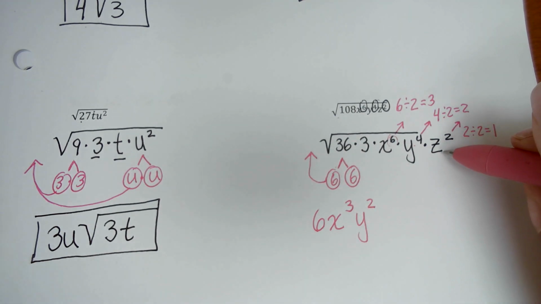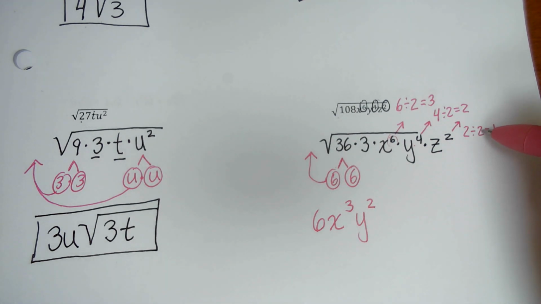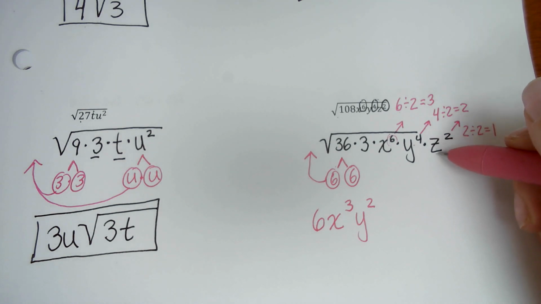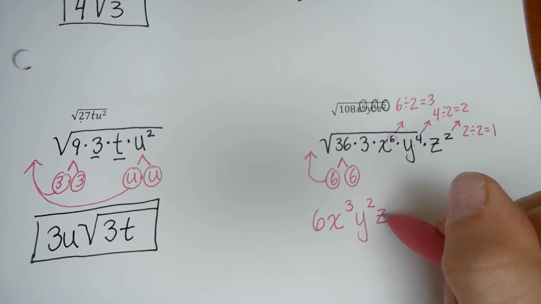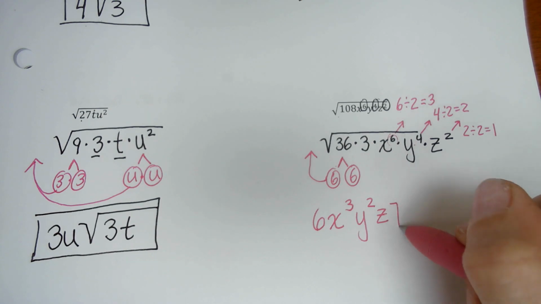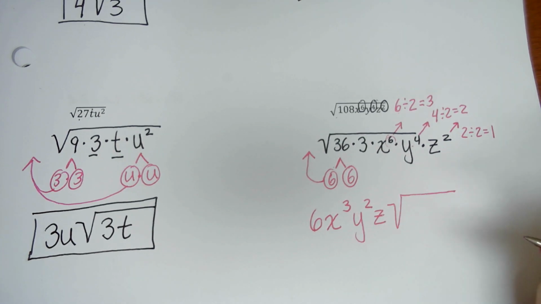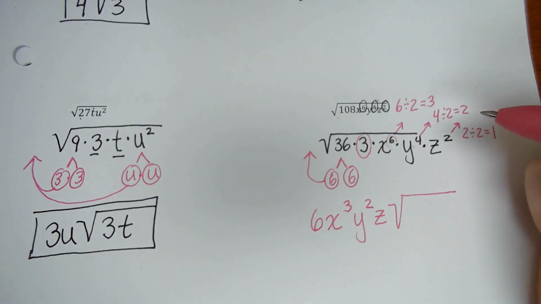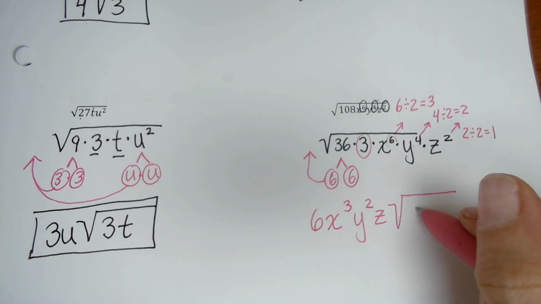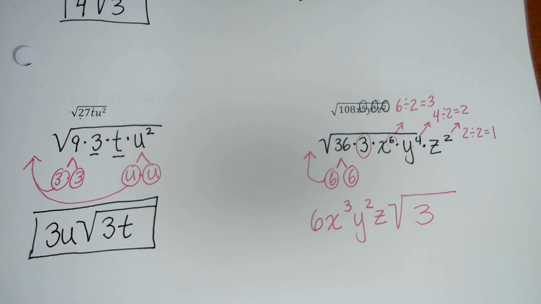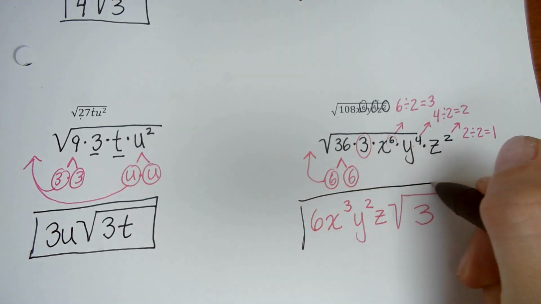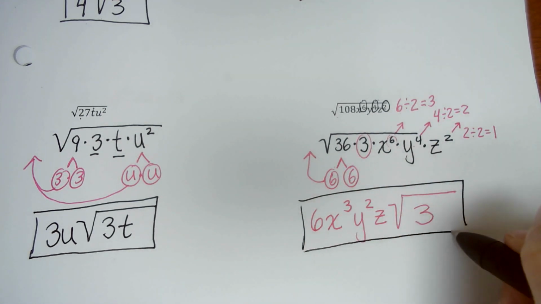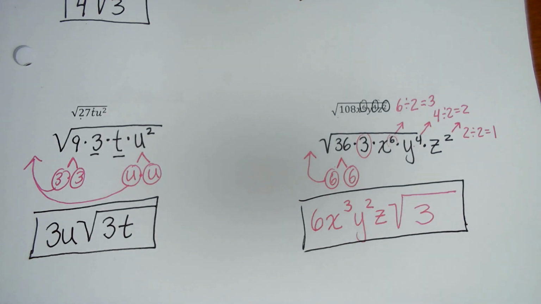And z, 2 divided by 2 is 1, so the square root of z squared is just z to the 1st power. Now we're going to leave inside the radical everything else that's left. So that's the 3, and that's it. So our answer is 6x cubed y squared z times the square root of 3.